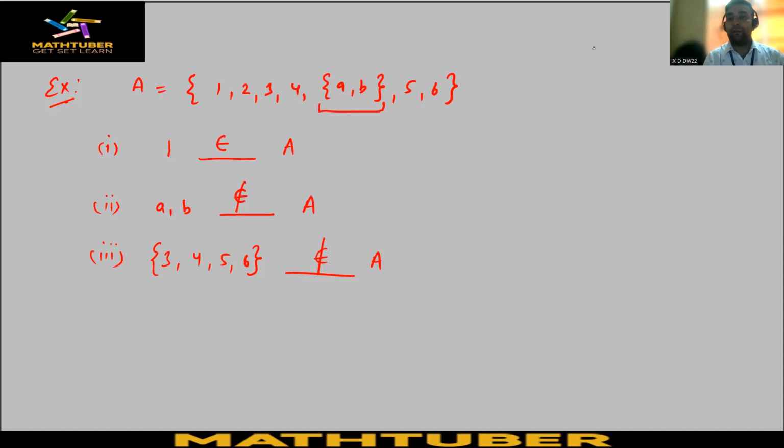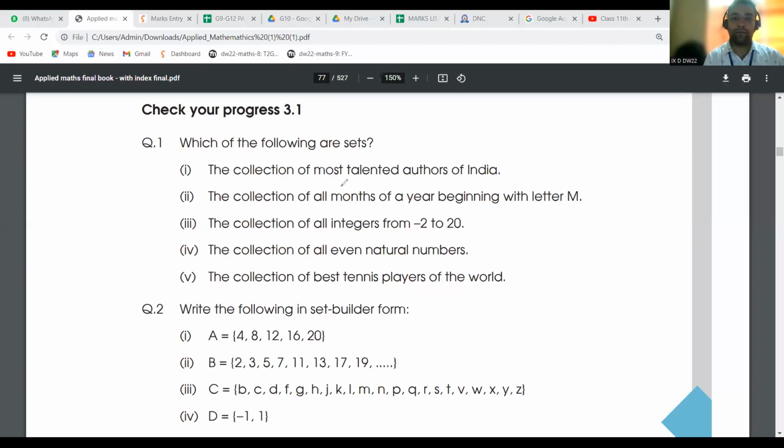So now let's come to the exercise of these questions, what we have studied so far. These are the questions which are given in the CBSE support material. So this is exercise number 3.1. In the first question, we have to tell which of the following are sets and which are not.